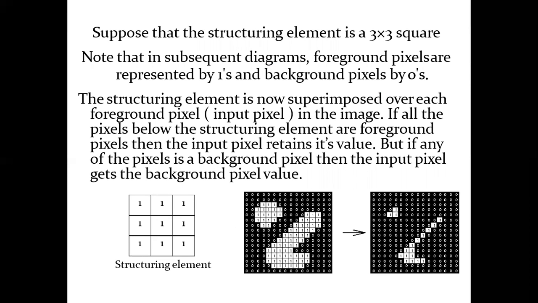The structuring element is superimposed over each foreground pixel in the image. If all the pixels below the structuring element are foreground pixels, then the input pixel retains its value. But if any of the pixels is a background pixel, then the input pixel gets the background pixel value.